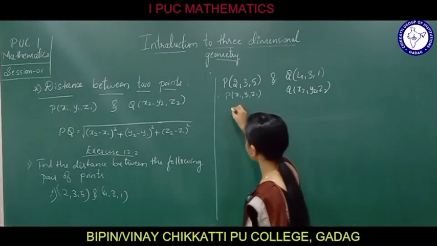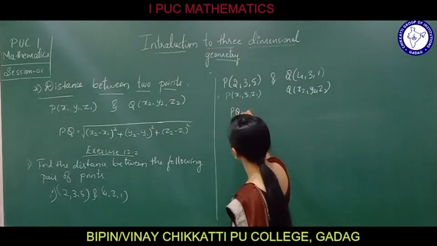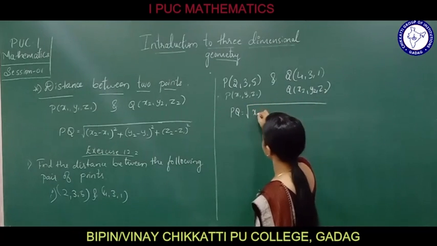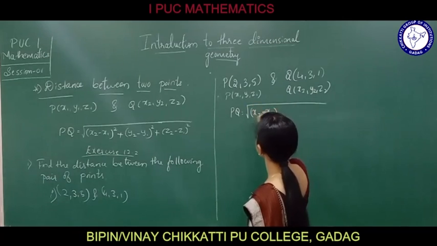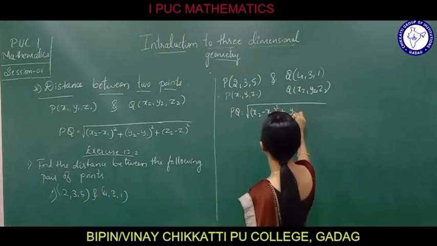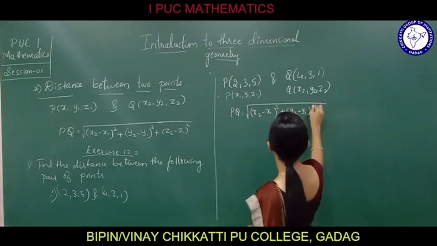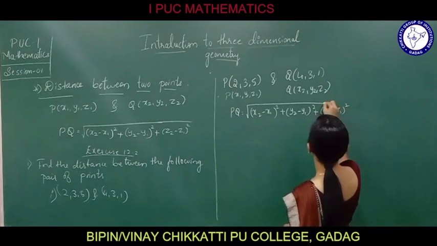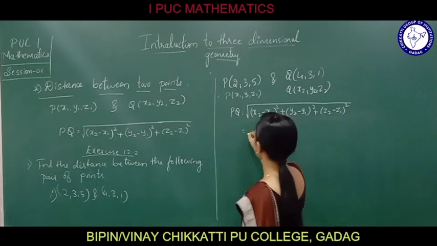So what is the formula to calculate the distance between 2 points? We have PQ is equal to root of x2 minus x1 whole square plus y2 minus y1 whole square plus z2 minus z1 whole square. Okay, next find the answer.